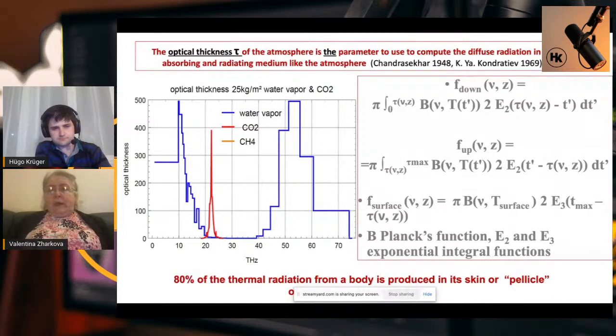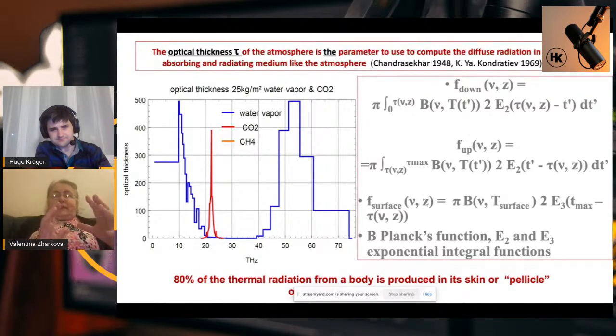What this guy said is true: the number of CO2 molecules indeed increases, and it keeps increasing since they started measuring. But the intensity of the emission is described by this formula. E2 is actually an exponential function. Okay, I will skip this one and tell you on the fingertips.